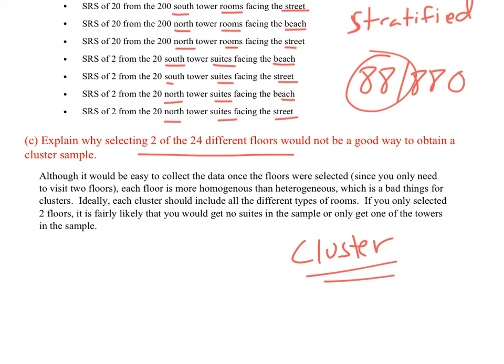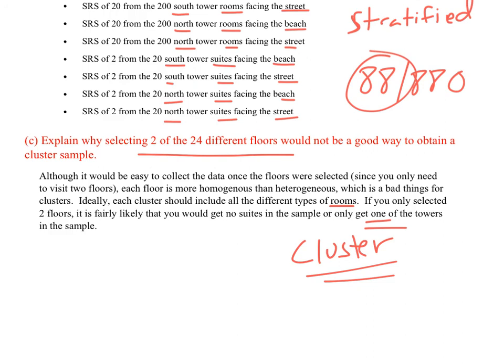It may not be good. And here's why. I could get 2 floors that are only in one of the towers. I could get 2 floors from the south. That's not good. I don't hear from anybody or get any data from the north. What if I only get rooms?